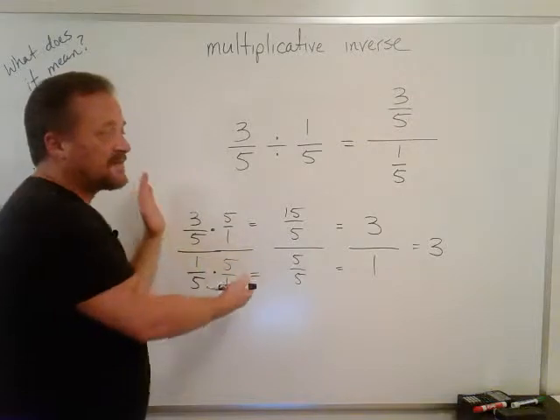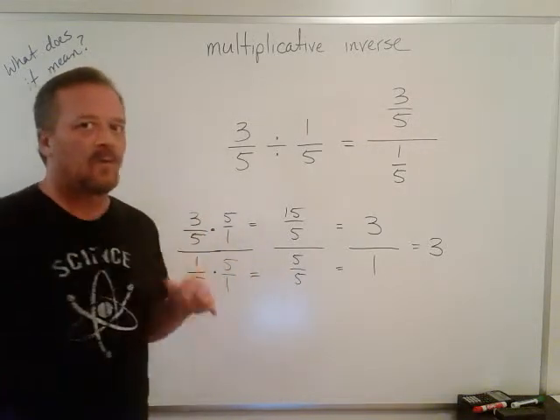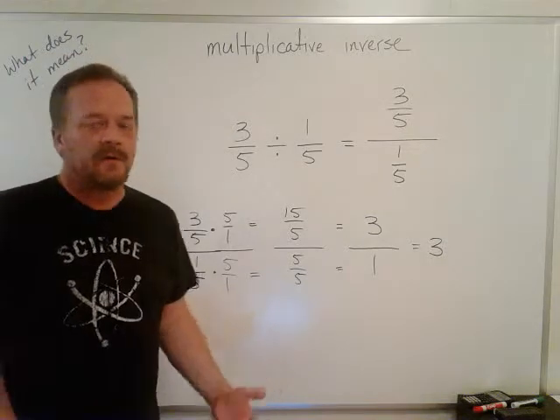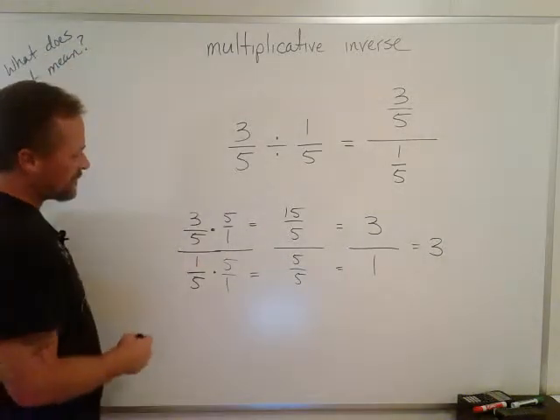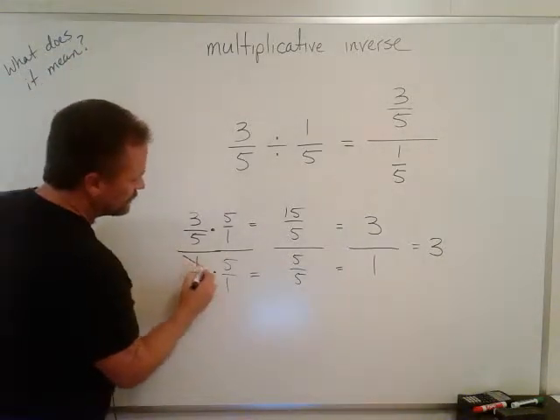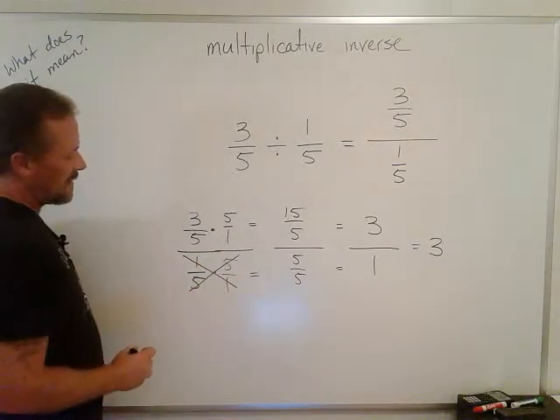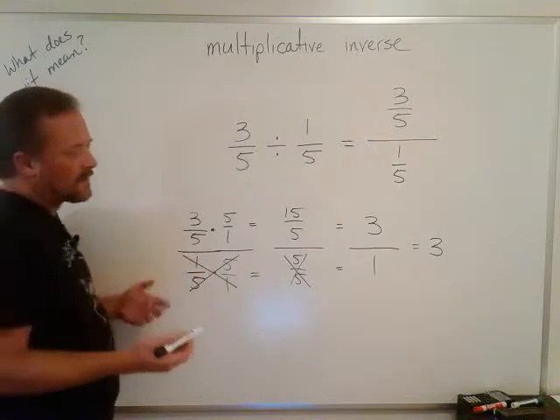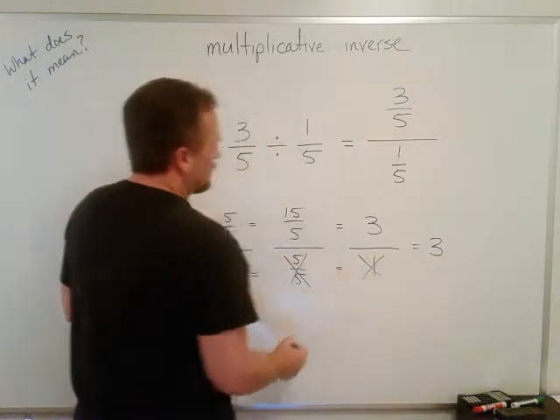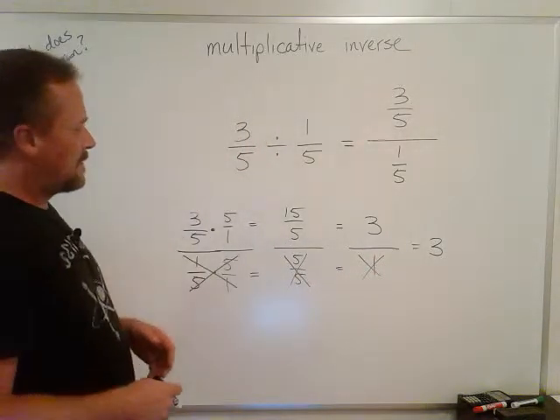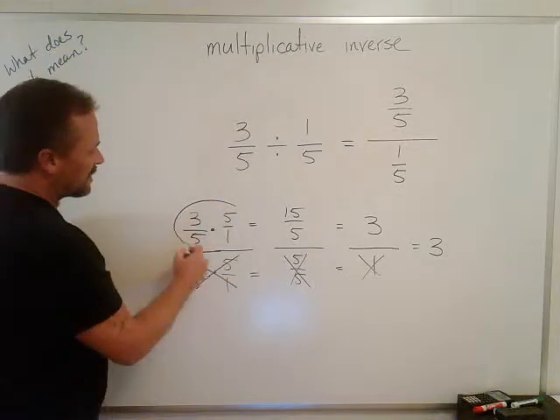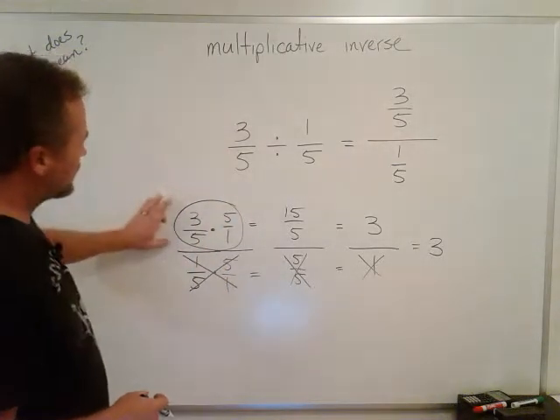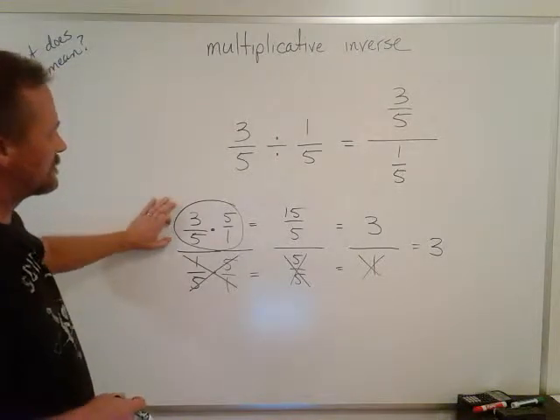This is the reasoning behind why I'm going to do the shortcut that I'm about to do. Because watch, if I get rid of this, and I get rid of this, because it's just 1, it doesn't matter, and I get rid of this, and I just look at this, this turned into this, okay?